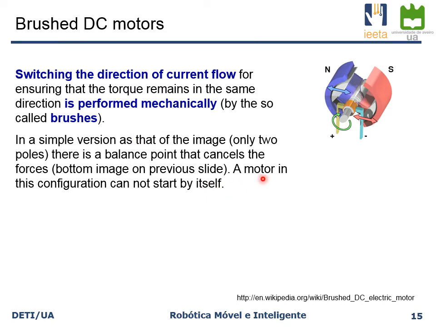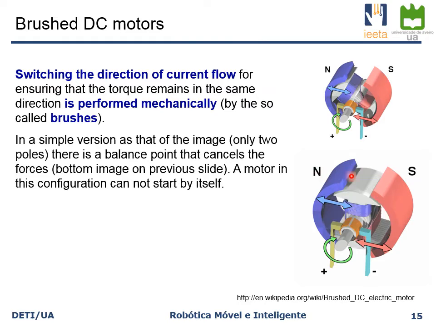In a simple version, as the one in the image, where we have only two poles, there is an initial balance point that cancels the forces. And this is the reason why this is not a practical motor. We would need at least three poles in order to ensure that the motor will work correctly every time.